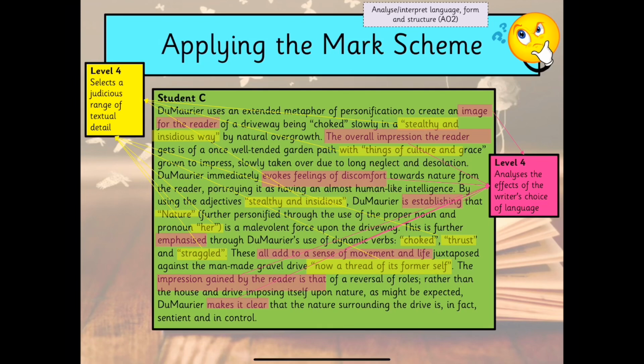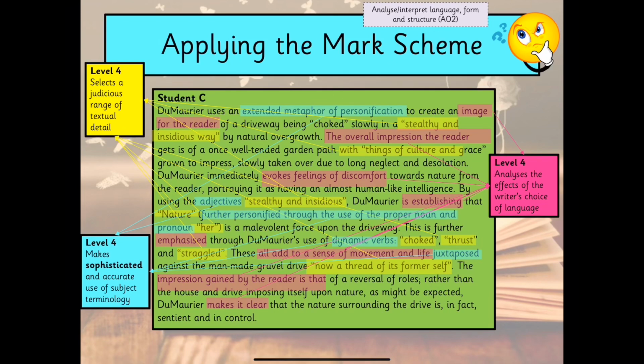So wherever they can, this student has used Du Maurier's words rather than their own as a shortcut to getting those quotations in. But whenever they've done that, they have also linked it to effect. So you can see everywhere there's yellow, very, very close to it, there's some pink, which shows you that they are linking the two things very, very carefully. And then a really impressive strength of this answer is the quite high-level terminology that they are using.